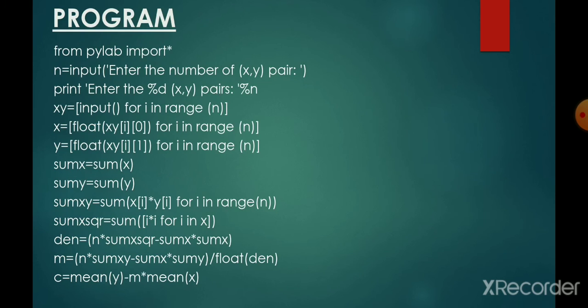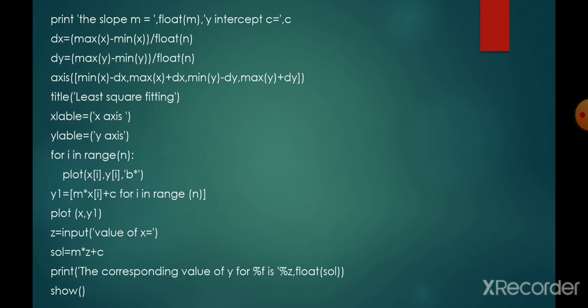Here we put the equations of sum x, sum y, and m and c, and print the slope and y-intercept.